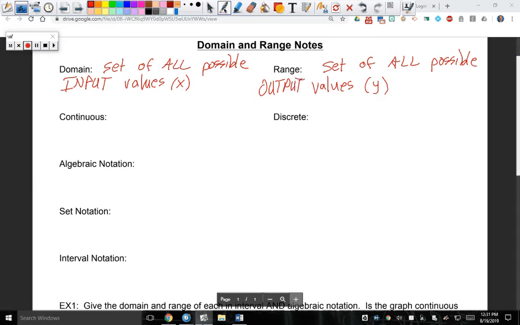All right, so let's make this kind of a real world example. Over there near the cafeteria, we know we have those 4 Coke machines or whatever they are, right? The domain is the allowable inputs. Guys, what can you put into those machines to get your drink? You can put money, right? You can put quarters. Quarters is in the domain. It's an allowable input. What else can you put?